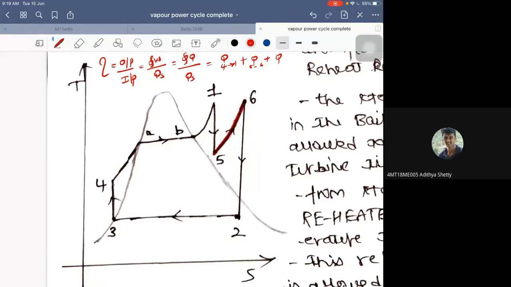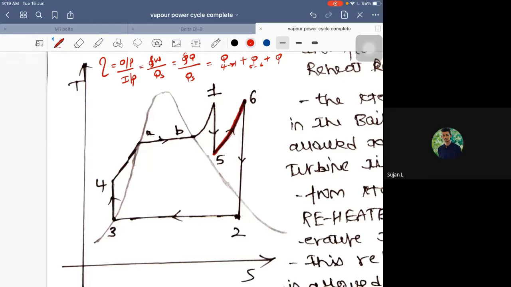Q6 to 2. What is 6 to 2? Work output. So where you are going to eject the heat? 1 to 5.